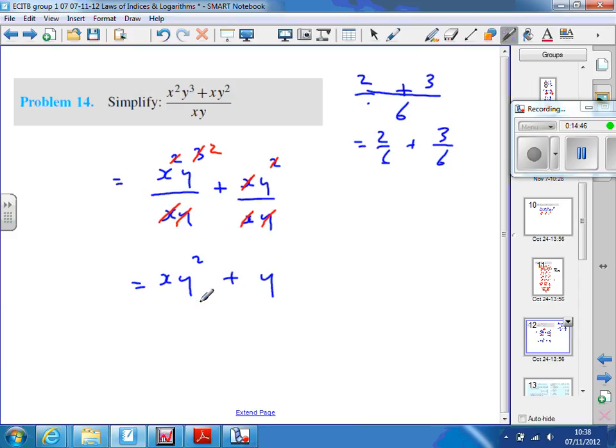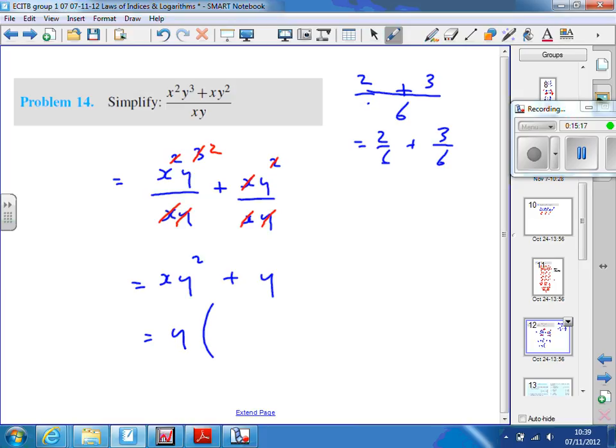Simplified, I could factorise it to go a step further. What can I take outside the bracket that's common to both of these? No, I can't add it to it because I can only add things that are exactly the same. So I can only add xy squareds to other xy squareds. But I can take a y outside a bracket and factorise it, which we've done some work on.